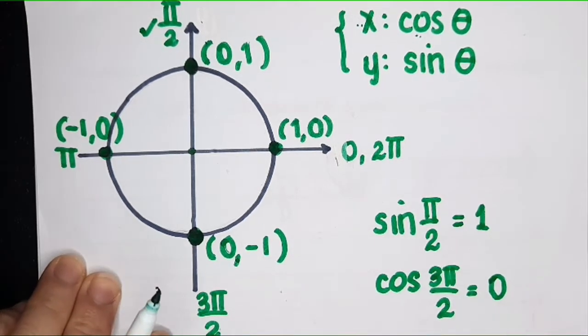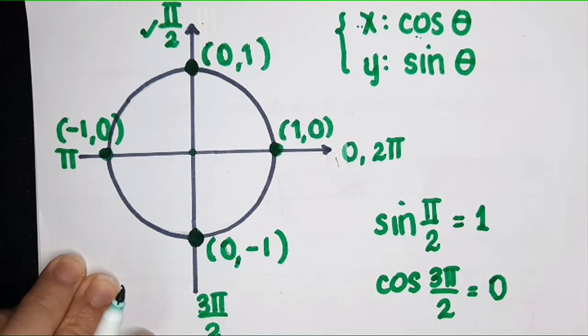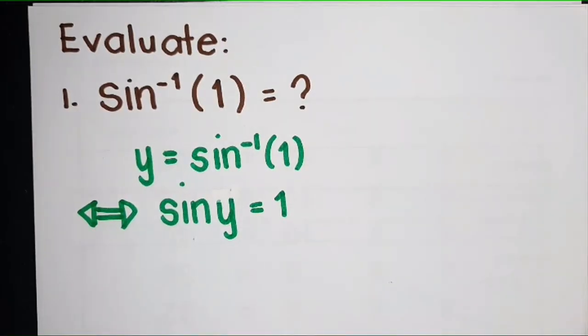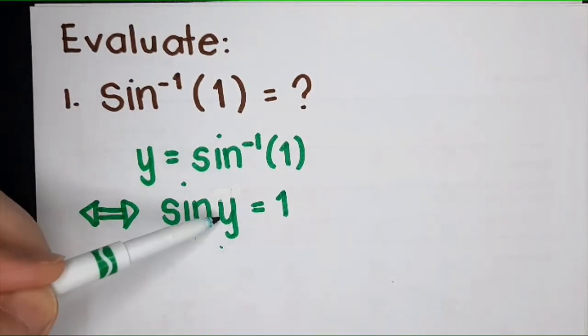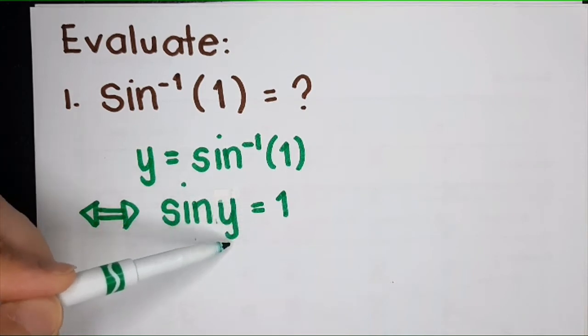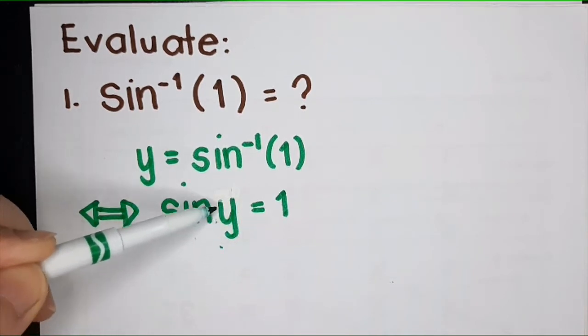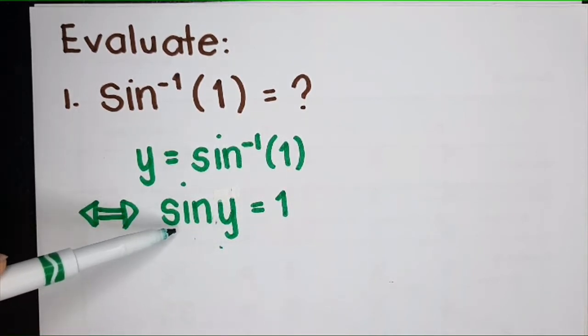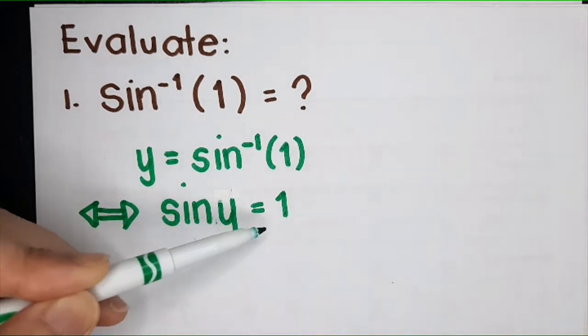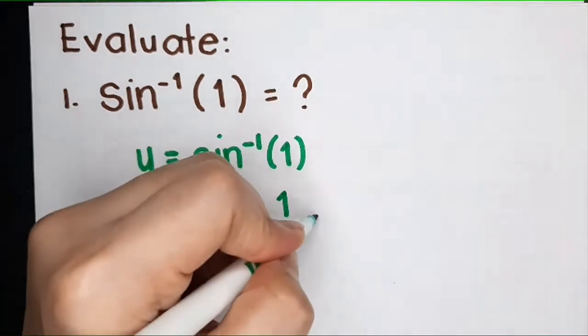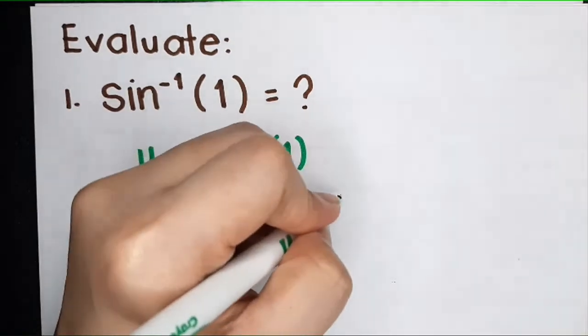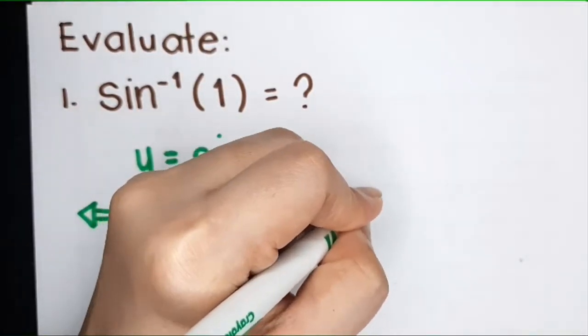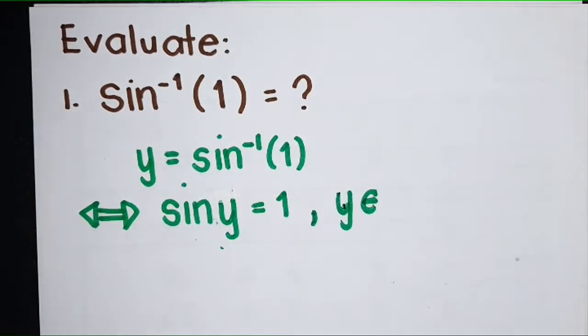Now, we go back to our example here. So, hinahanap natin ang angle measure ni y such that kapag kinuha ko ang sine of y, the answer is 1. But you have to take note that y must be in the range of inverse sine.